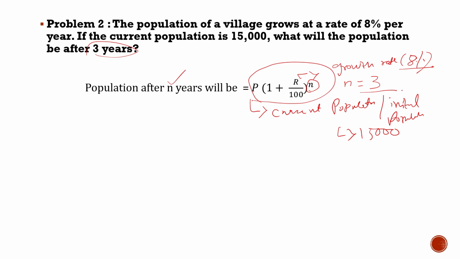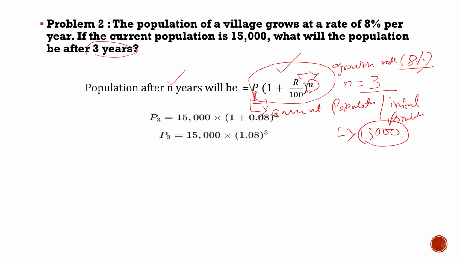So n is 3, and the initial population, which is P, right? P is the initial population in this formula, which is given as 15,000. So just substitute these values in this formula and you will get your answer. Let us see. We will call it P3 because we are interested in finding the population after 3 years.